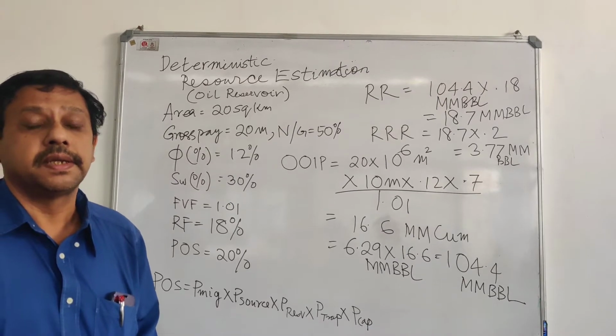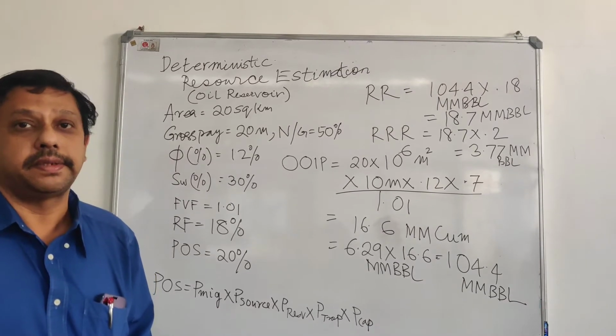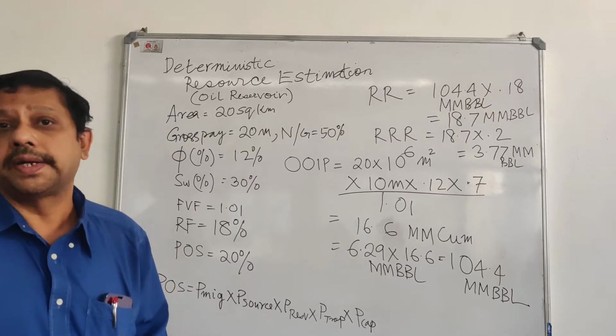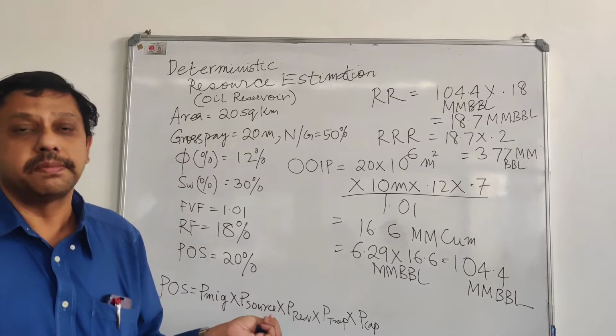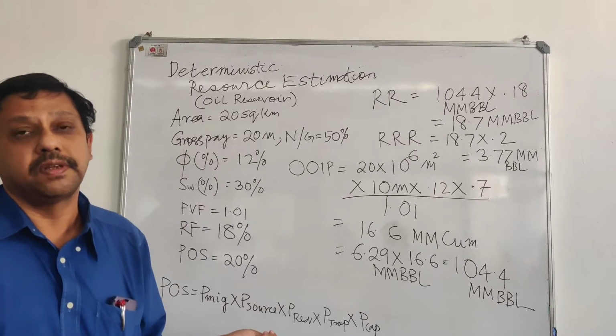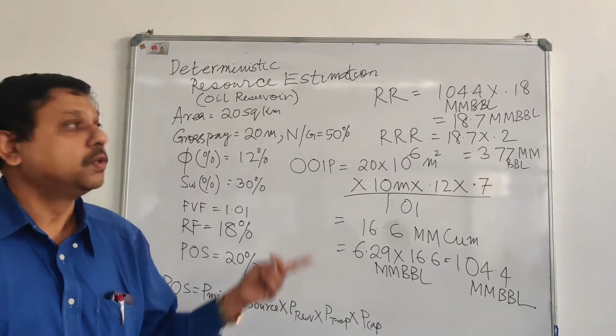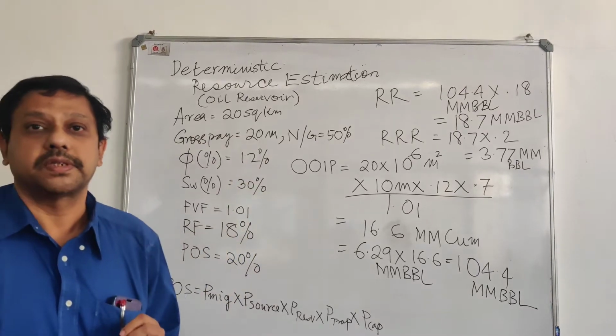That is the beauty of Mother Earth. So whether you will take 2 meter or 10 meter for your deterministic estimation is a difficult question. So normally we take the most likely value to do the deterministic resource estimation.